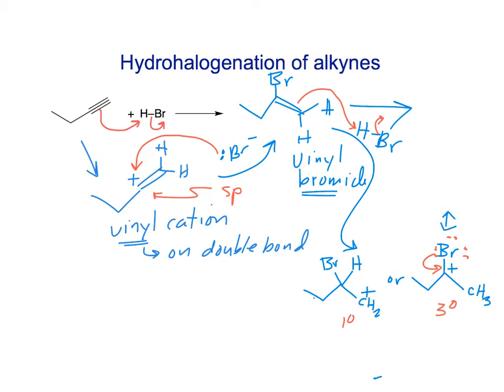This gives us just a different resonance form, because all we're doing is moving electrons here, and gives us a carbocation like this. So this tertiary one is actually stabilized by resonance. So it's going to be the predominant carbocation.